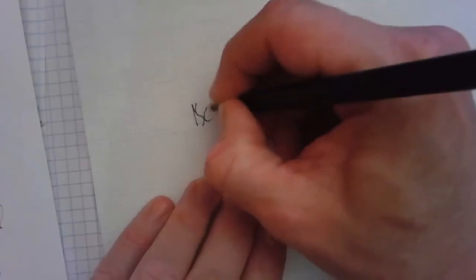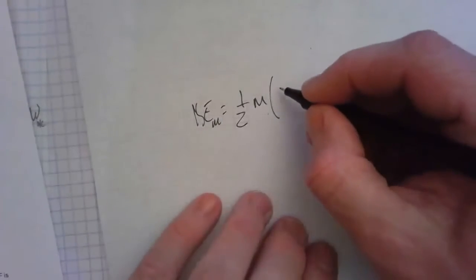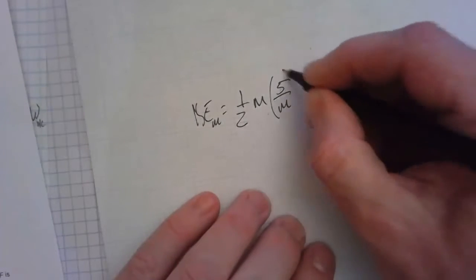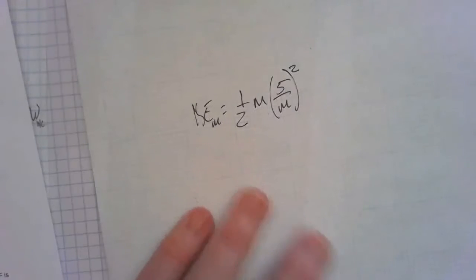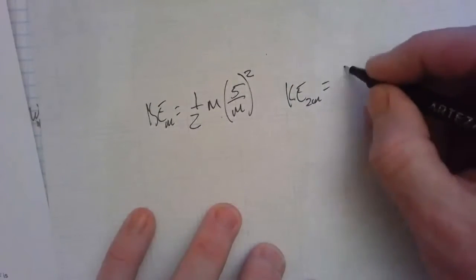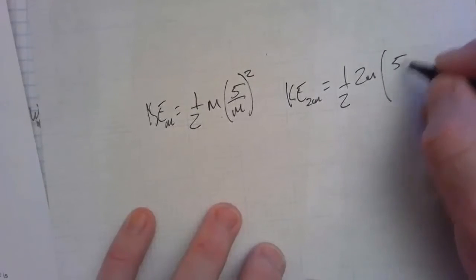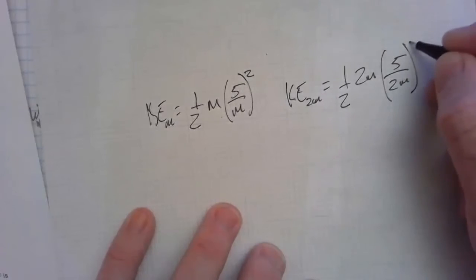So what do we know so far? The kinetic energy for the single mass is going to be 1/2 times its mass, m, times its velocity, 5/m, squared. The kinetic energy for the 2m is going to be 1/2 times 2m times 5/2m squared.